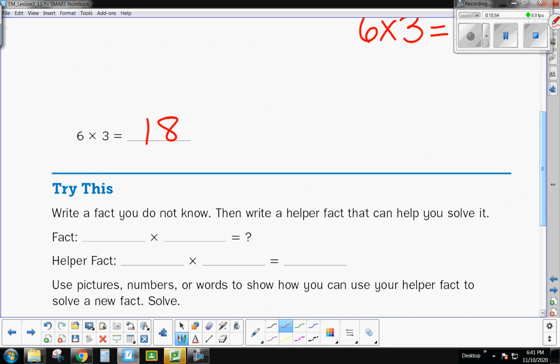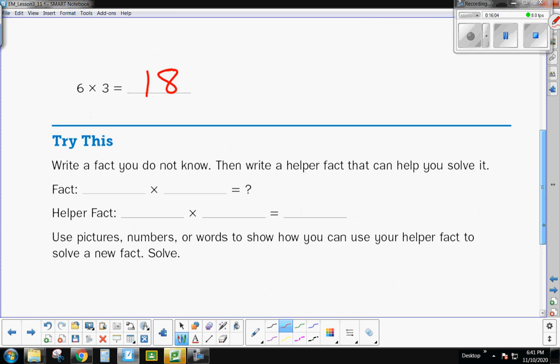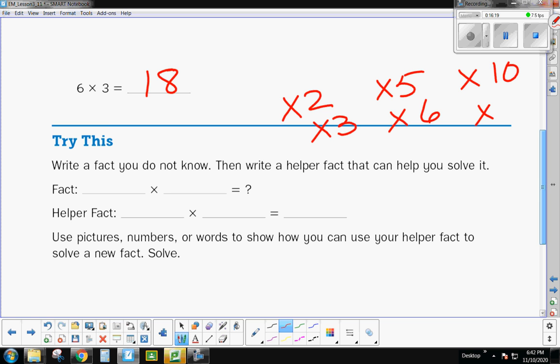All right, let's look at the try this. It says write a fact you do not know, then write a helper fact that can help you solve it. Okay, so boys and girls, remember, you can use times 2 to help you solve times 3. You can use times 5 to help you solve times 6. You can use times 10 to help you solve times 11.